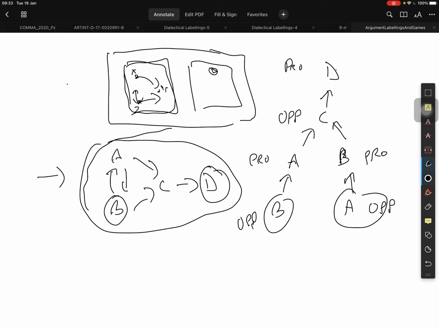And if you recall from part 1, the grounded labeling was undecided, undecided, undecided, undecided. Unlike the preferred labeling, in which A was in, B out, C out, and D in. So in the preferred game, as I showed earlier, proponent wins and successfully shows A is in the preferred labeling.